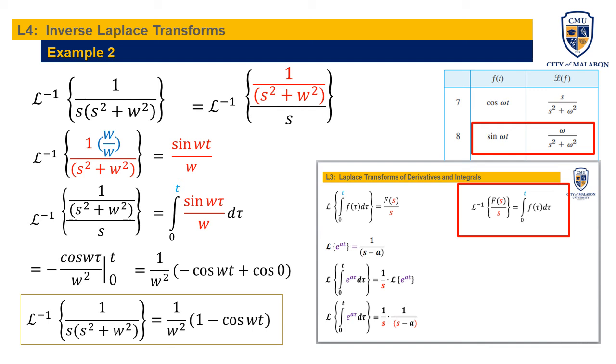Okay? And then, ginamit natin yung Laplace transform ng sine. Then, yung knowledge natin sa algebra is very important dito sa pagkuha ng mga Laplace transforms. Okay? So, let's move on to our last example in solving inverse Laplace transforms.